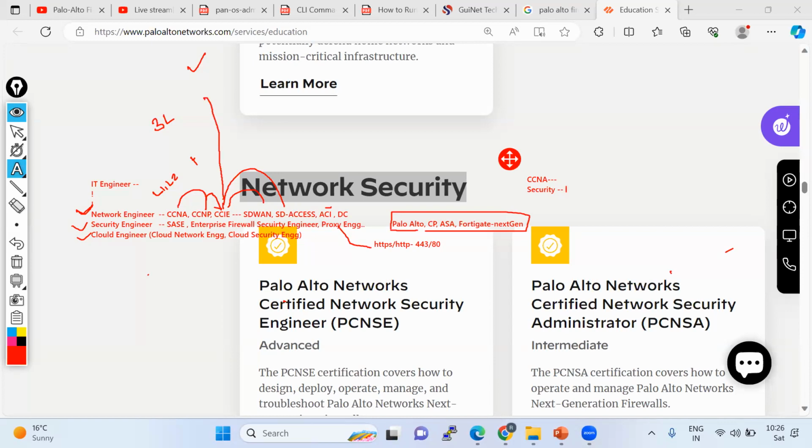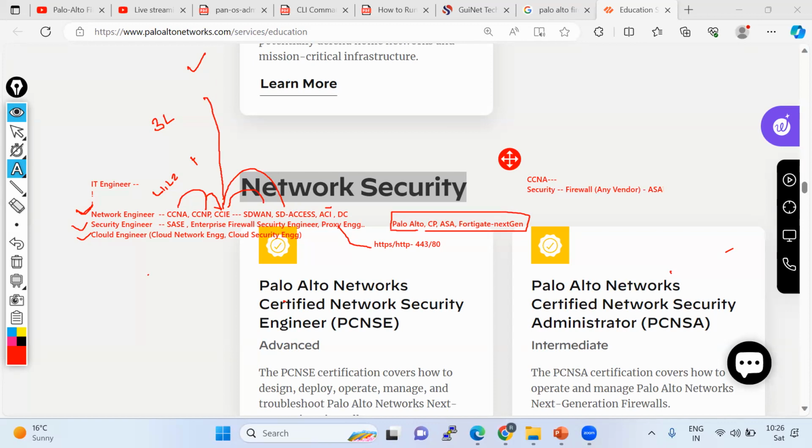If you have the willingness to become a security engineer, you start learning any vendor's firewall. That should be the first step. I'm not talking about just Palo Alto or Fortinet. Any vendor. You can start with the Cisco ASA. That's good.